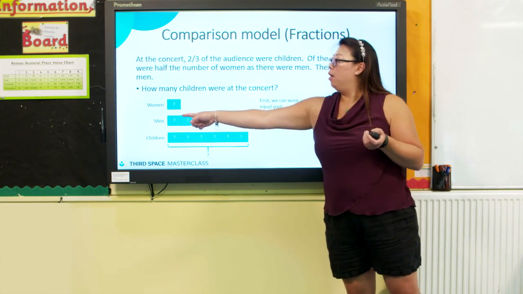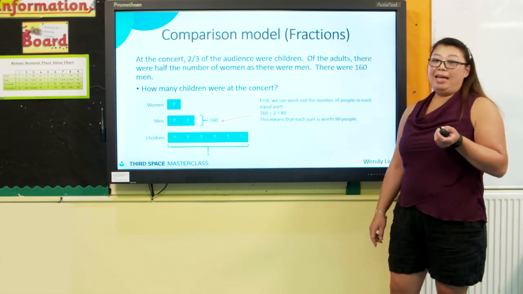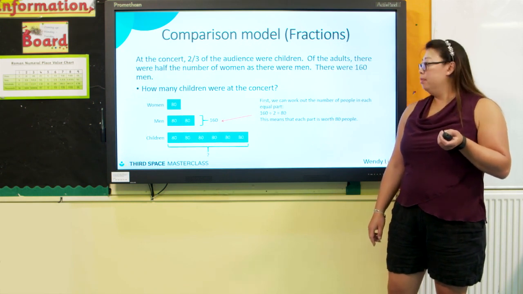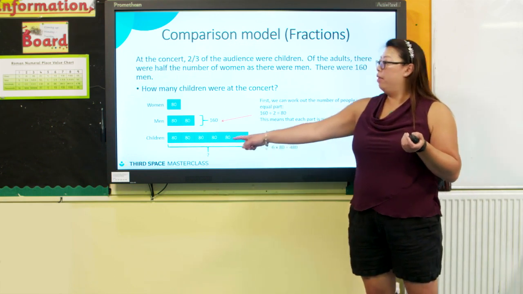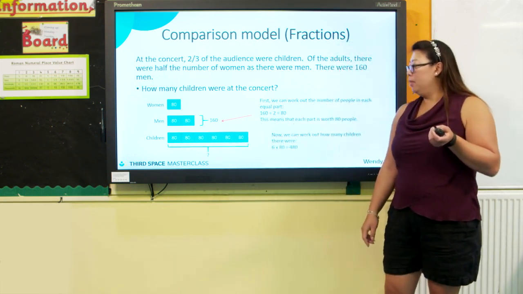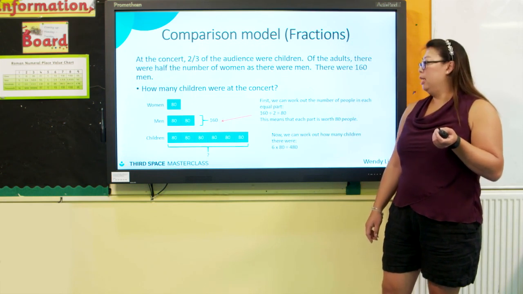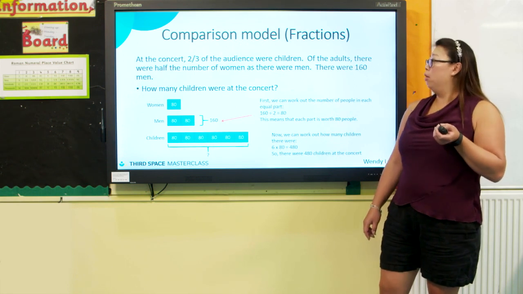We know that 2 parts is 160. That means 1 part is worth 80 people. Now we can work out how many children there were at the concert. 1, 2, 3, 4, 5, 6 parts. 6 times 80 is 480. Therefore, there were 480 children at the concert.